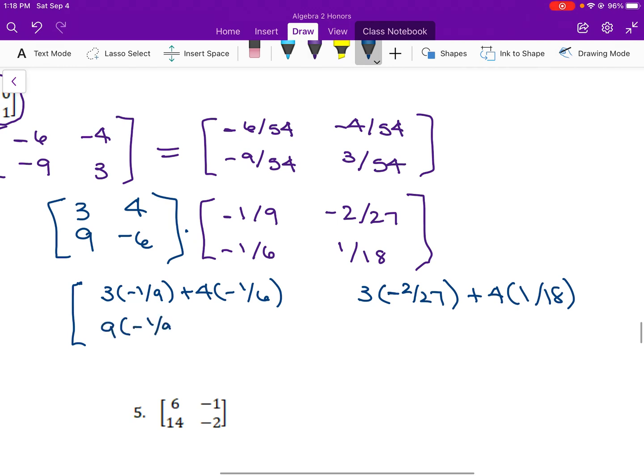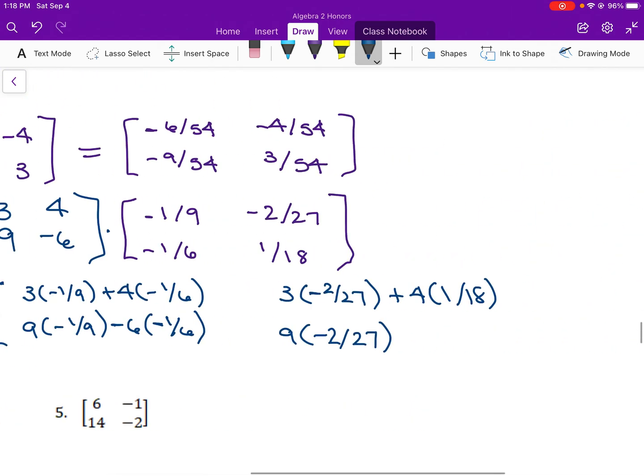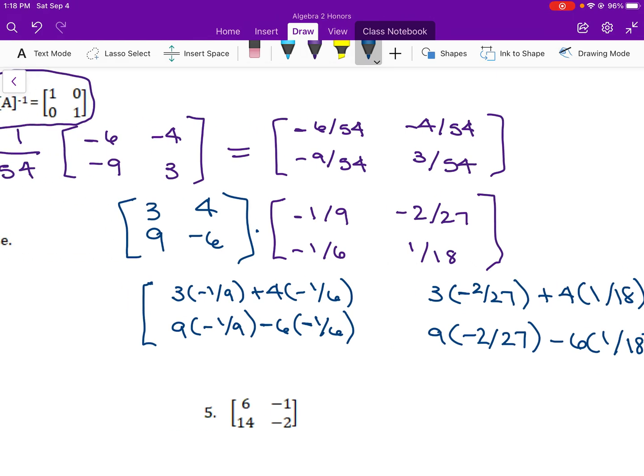Down below, 9 times -1/9 minus 6 times -1/6. And then over here, 9 times -2/27 minus 6 times 1/18. Okay, so we're looking to confirm that we get the identity matrix.